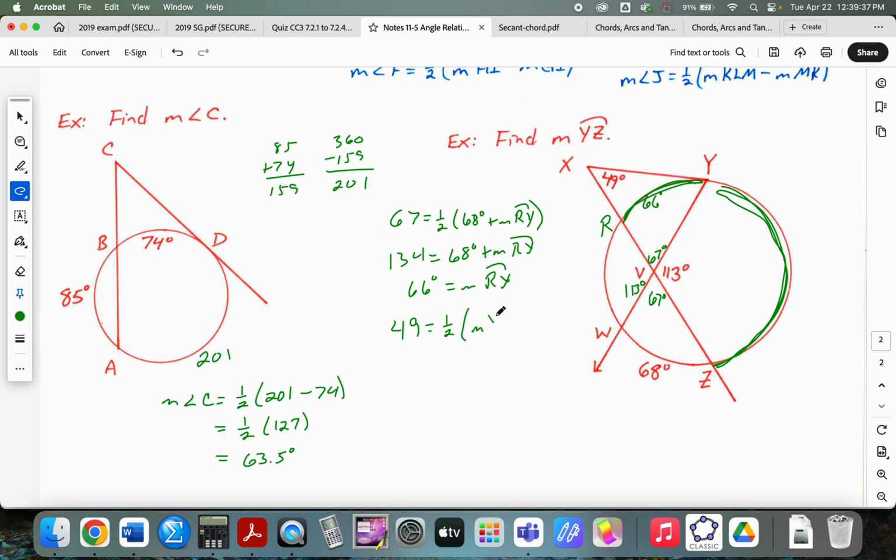So 49 equals half of the measure of arc YZ minus 66 degrees. Let's see, we'll double that and that'll be 98. And then we'll add 66 to both sides. So 164 degrees is the measure of arc YZ.